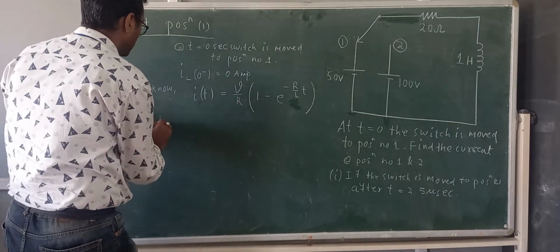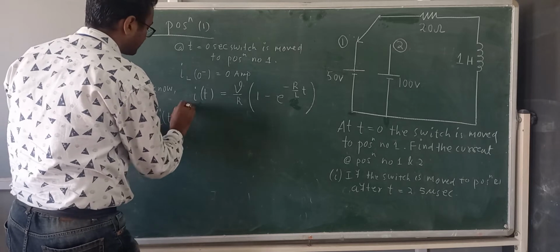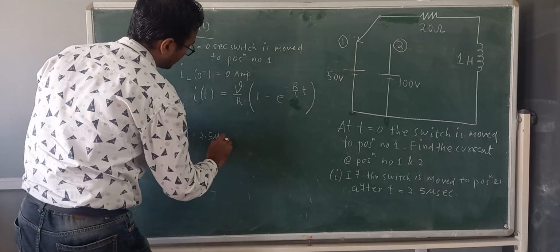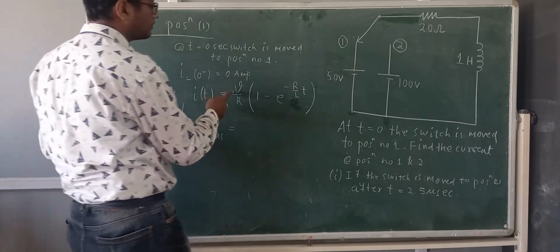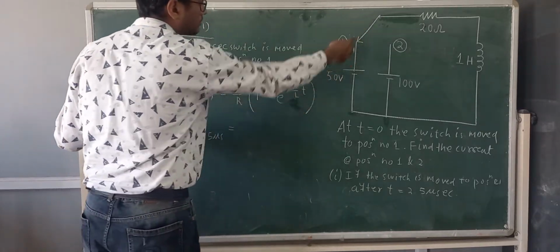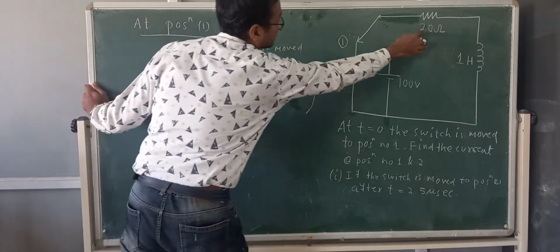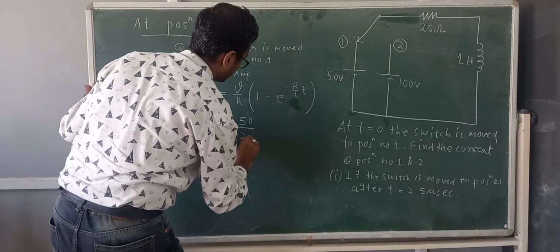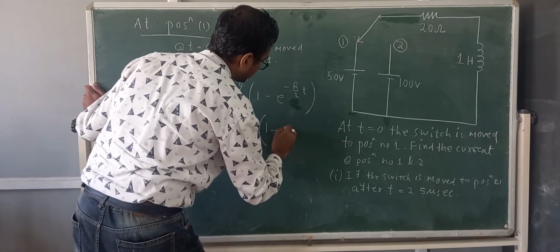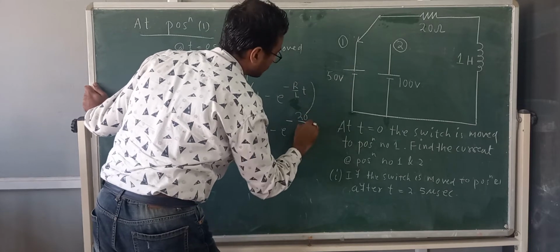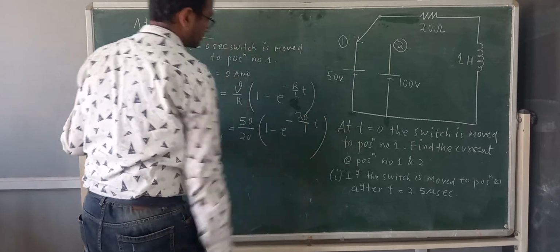So what is the current at 2.5 microsecond? Calculate this. So we need i(t) at t equals 2.5 microsecond. What is the voltage here? 50 volt. 50 divided by resistance, which is 20, 1 minus e to the power minus R by L t, where R equals 20 and L equals 1.